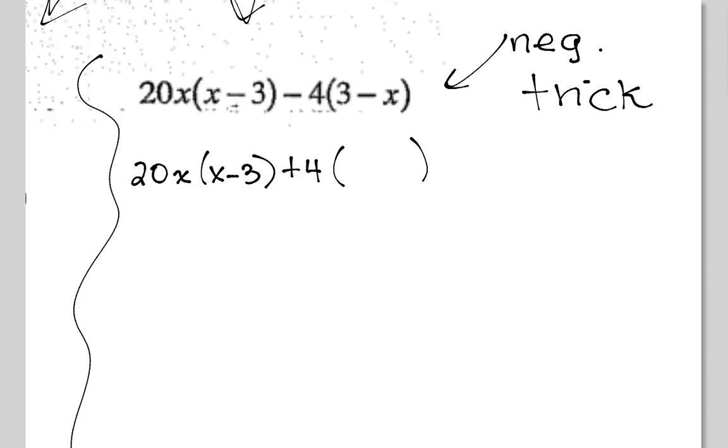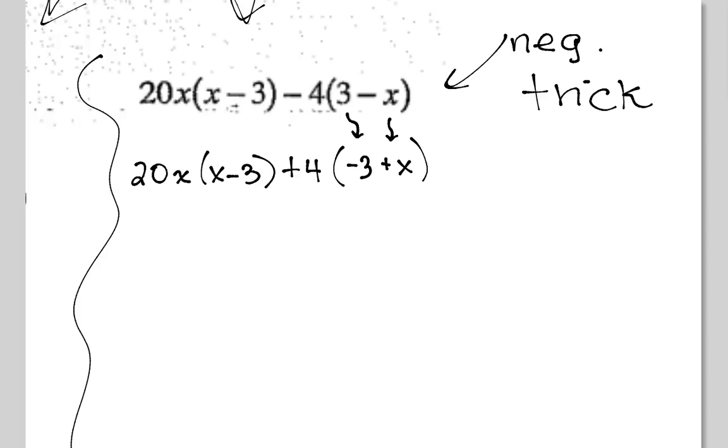So to switch a sign, all you have to do is multiply or divide by a negative. So if I times that by a negative, essentially the negative was removed from this. If the negative was removed from each one of those factors, what happens to the +3? Yeah, -3. And then this one becomes +x. Now they're the same. They're in the wrong order, but they're the same.